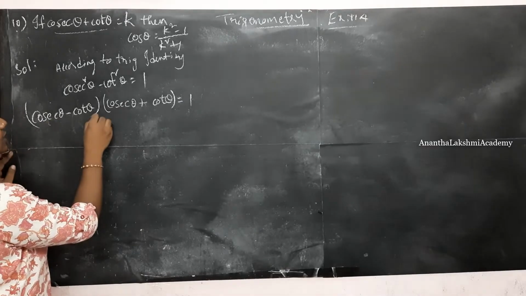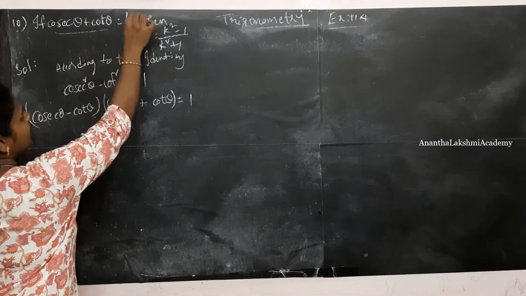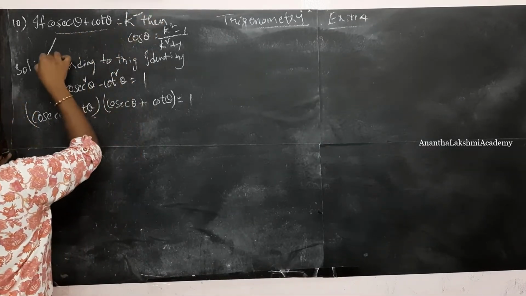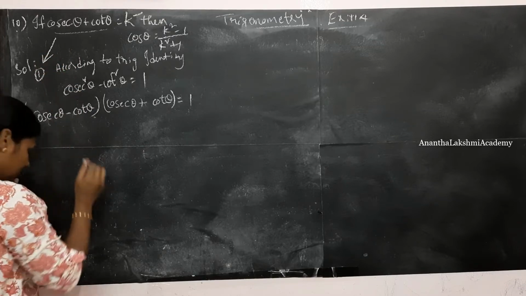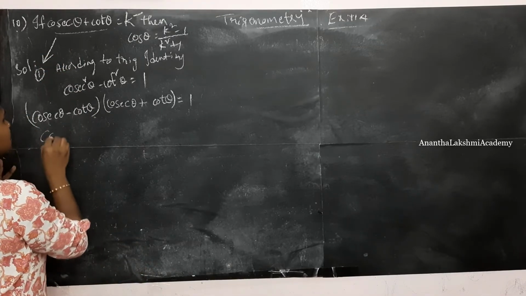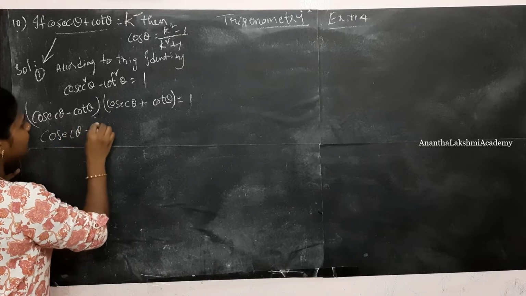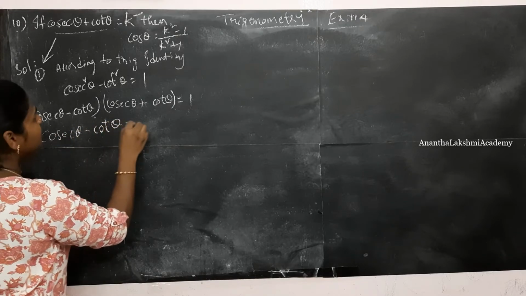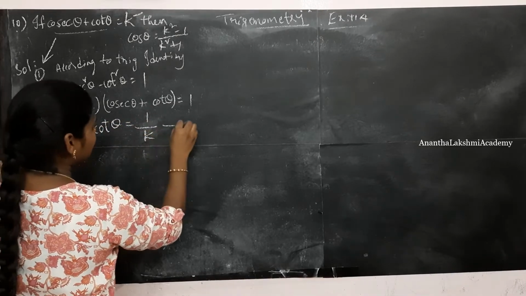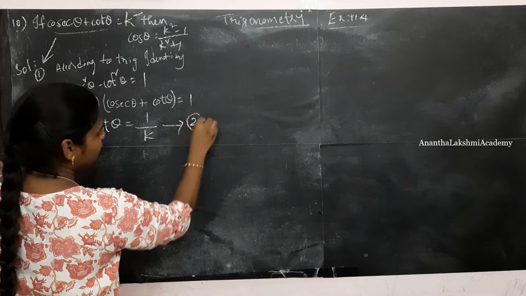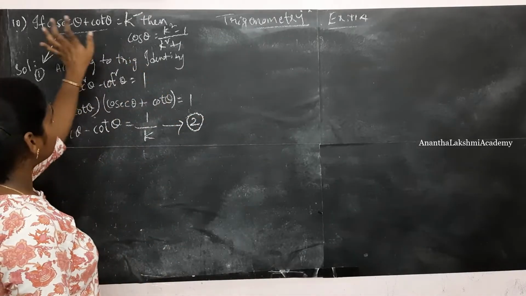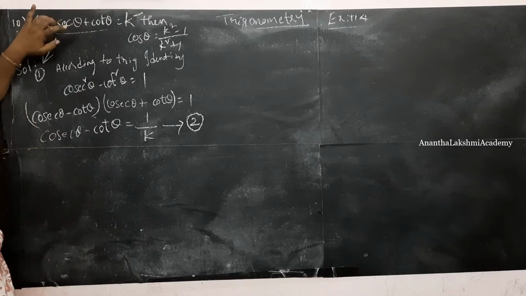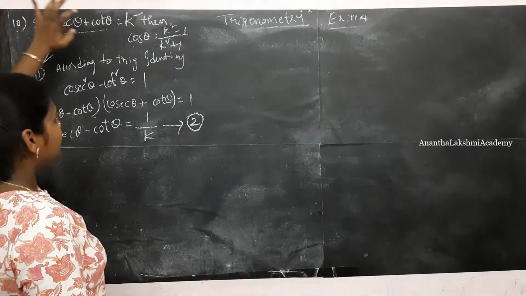Let us consider this as equation 1. What is cosecant theta minus cot theta? Cosecant theta minus cot theta is equal to 1 by k. Let me consider this as equation number 2. What is given in the problem? Cosecant theta plus cot theta is equal to k.